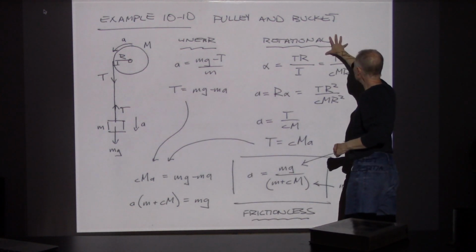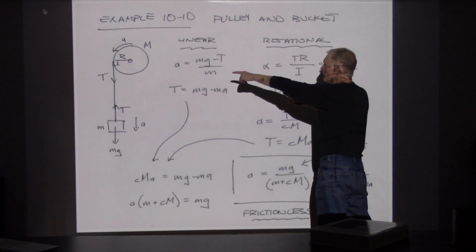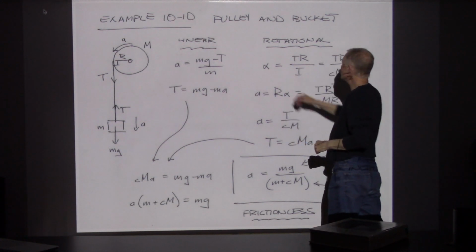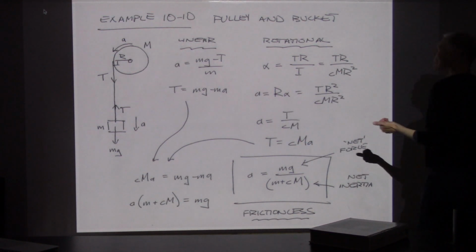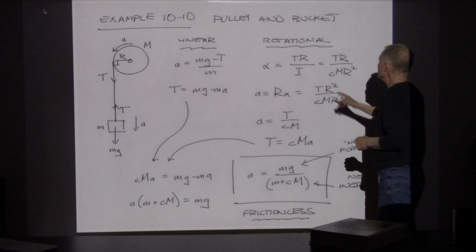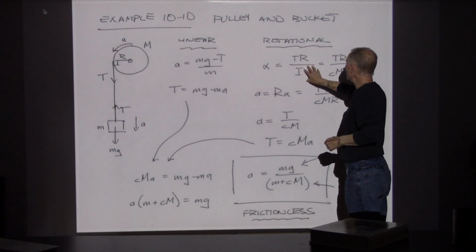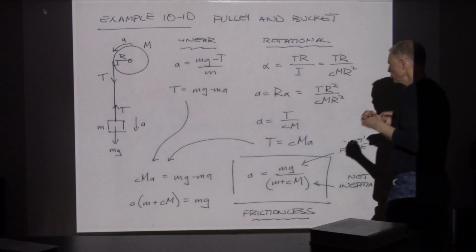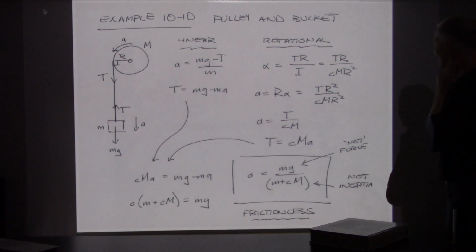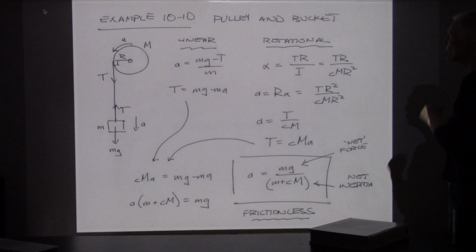So for the rotational side, instead of linear acceleration, I'm going to use rotational. And remember, the rotational acceleration is going to be torque divided by rotational inertia. Now, I think I took out the friction here. I think this problem might have had frictional torques in it too. I took it out.